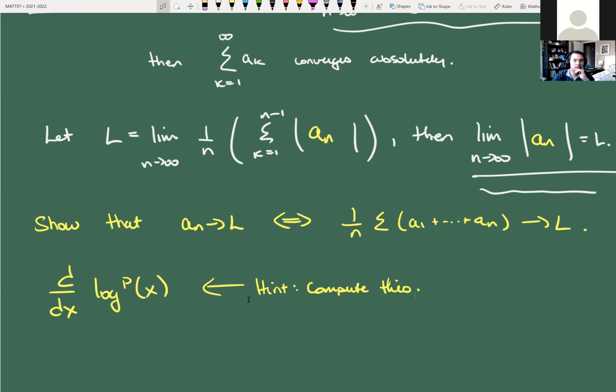Okay, so 13 Q2. Let's see. A sequence such that its odd subsequence converges, but it does not. You can very much just cheat.